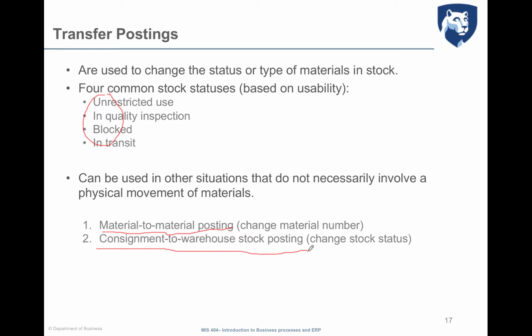So when bringing the product from the distribution center and sending it to the point of sale takes place, there's the need to change the stock status, changing the stock from supplier ownership to Walmart or customer ownership, and this is done by including in the system a transfer posting movement.